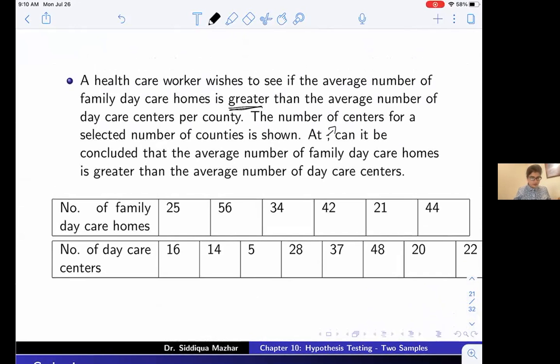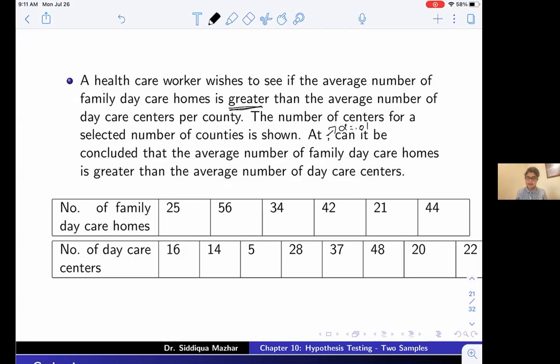Sorry, I need to correct it. Let me see what the value of alpha is. Sorry, I missed the value of alpha before. Alpha is 0.01 in your question, which I missed. So you can correct it in example 6, at alpha equals 0.01.